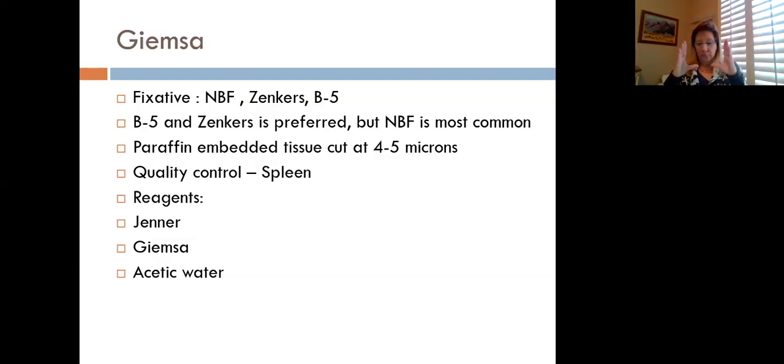Okay. And so our proof is what's called a control. A control is a specific tissue type that we know works to prove that that case is valid.